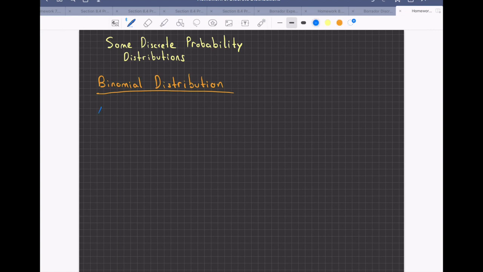We say that X is a random variable with a binomial distribution if its probability mass function, or PMF, is given by this formula.